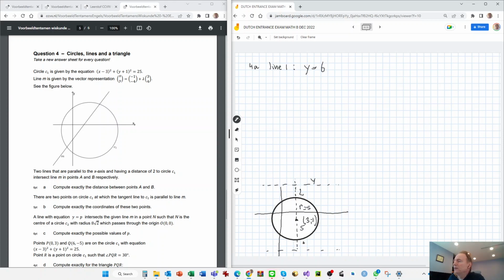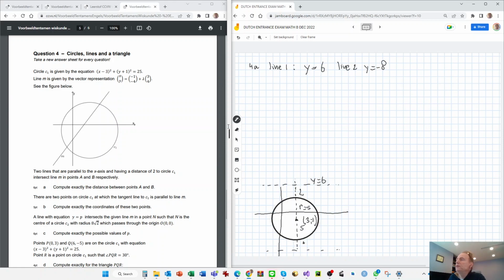So this line is y equals 6, and line 2 here, I have to go 5 down from -1, it's -6. That's y is -8.